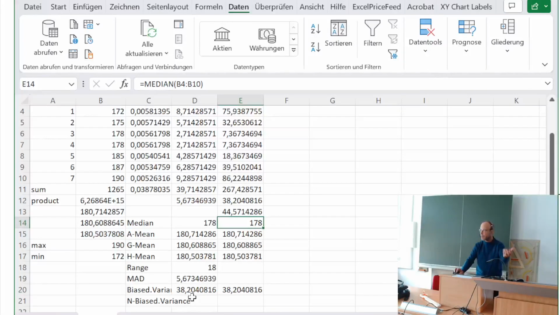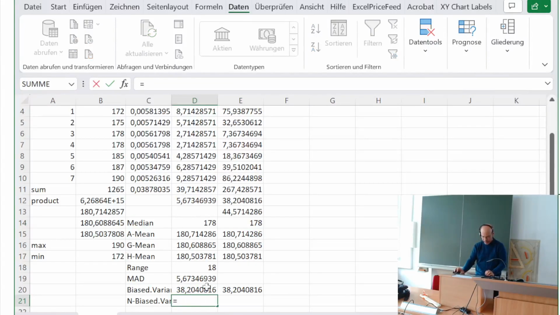And since we have a very low number, our sample size is only 7 numbers, then you have a large difference, because dividing by 7 or 6, the number really differs. If you have a data set of 1,000 data points, you don't really bother which kind of variance you are calculating, because dividing your squared distances by 1,000 or by 1,001, maybe in the fourth digit or so, there's a difference.